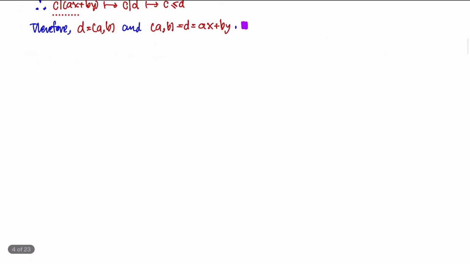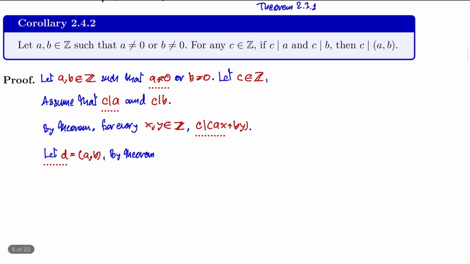So by theorem 2.4.1, there exist, let's say, s and t, which are integers such that d equals as plus bt. Since s and t are integers, we can plug in s and t into x and y respectively.